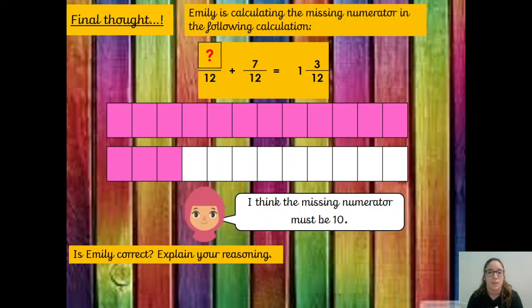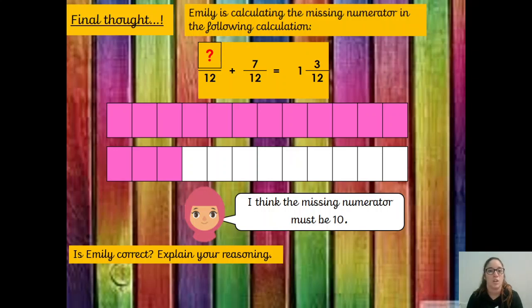So let's have a look at the answer then. We can see that the whole number is one whole, which means it's 12 twelfths. And then we've got 3 extra. So altogether we've got 15 twelfths. Now, if the question mark was a 10 and we add 10 twelfths to 7 twelfths, that gives us 17 twelfths, which would be one whole and 5 twelfths, which isn't right.